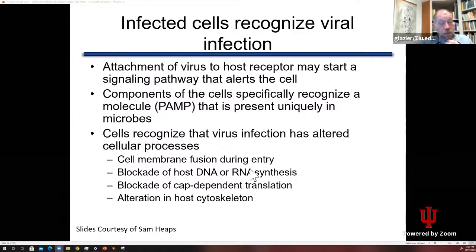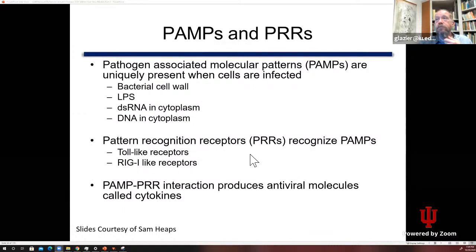Clearly, these things aren't completely effective, otherwise the virus would never get around and cause a problem. But your cells do have a whole array of antiviral responses which they use. There are a whole bunch of different ones.